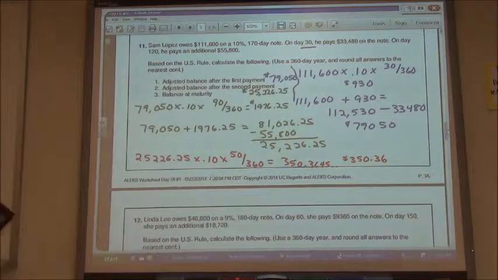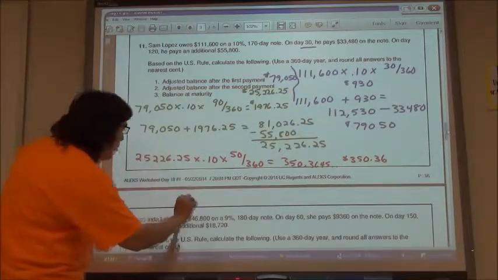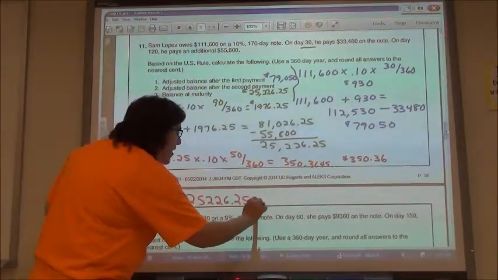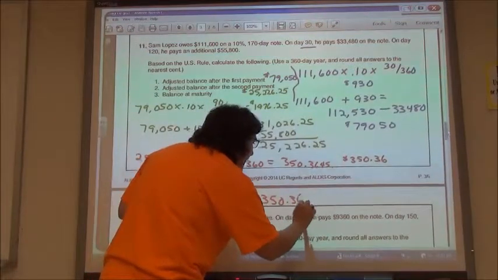That's my interest. To find my balance at maturity, I have to take the amount I owed, $25,226.25, plus my interest for that time, $350.36.